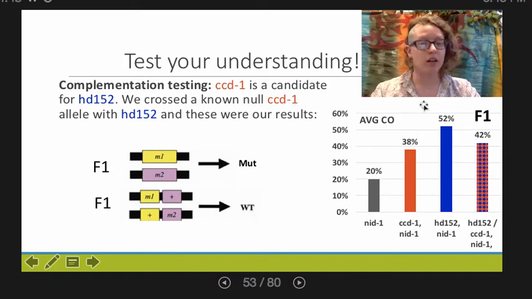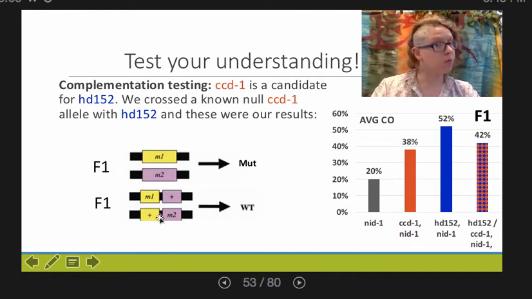Here's our allele. Now, it's not the exact same intensity, but it's the same basic phenotype. We're still just looking at AVG crossing the midline. And this is the F1 offspring of these two lines. So this is not a double mutant. It's one of these two. Which one?